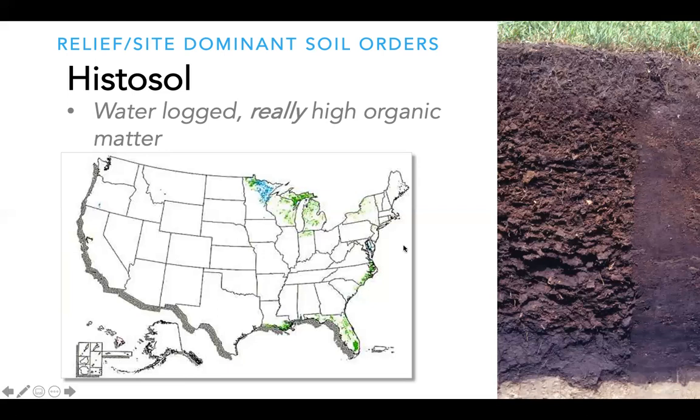They mainly occur along the coasts, and also up here in Minnesota, the land of 1,000 lakes, in colder climates, I should say, where you have slow organic matter decomposition and lots of water. That's where you generally find histosols.